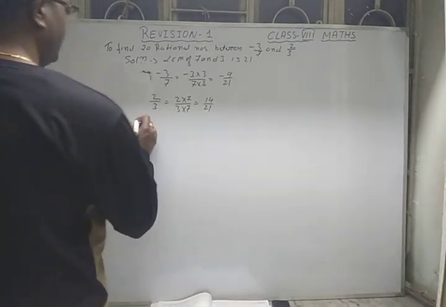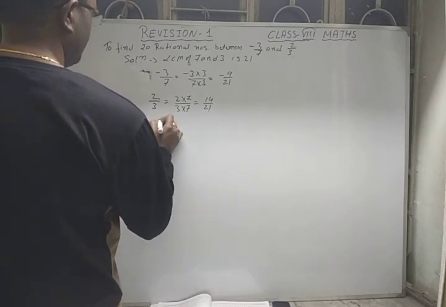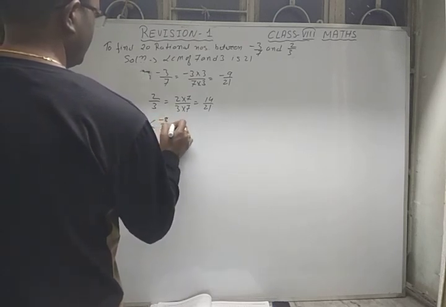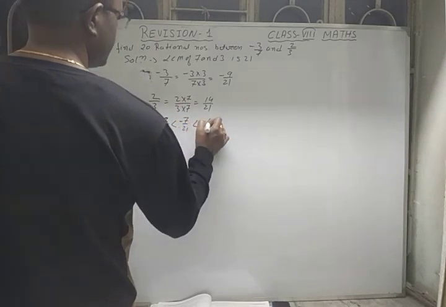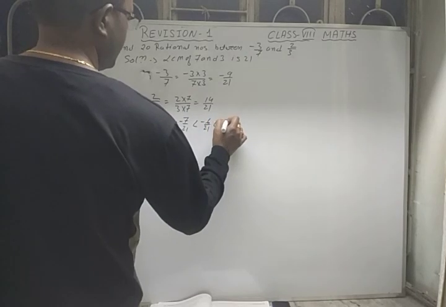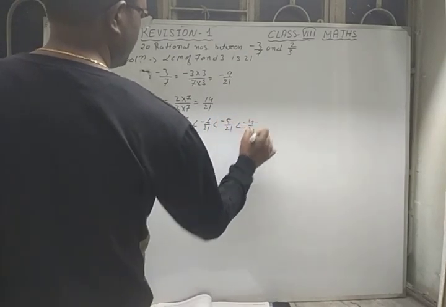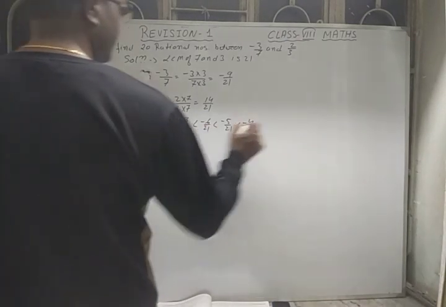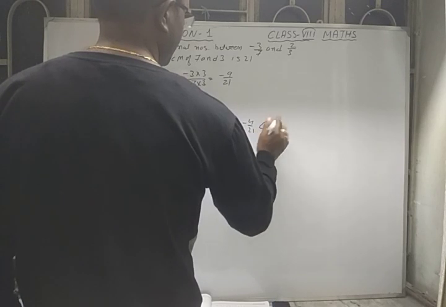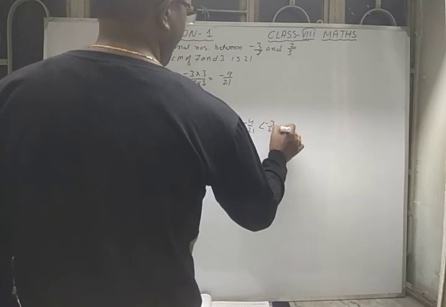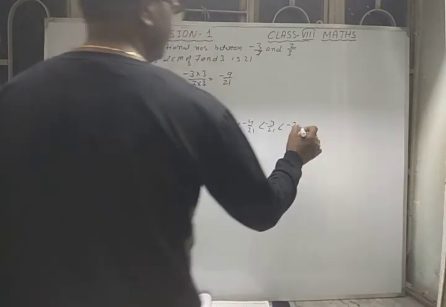So we can write here -9 by 21 less than -8 by 21 less than -7 by 21, -6 by 21, minus 5 by 21, minus 4 by 21. After that, minus 3 by 21, then minus 2 by 21.